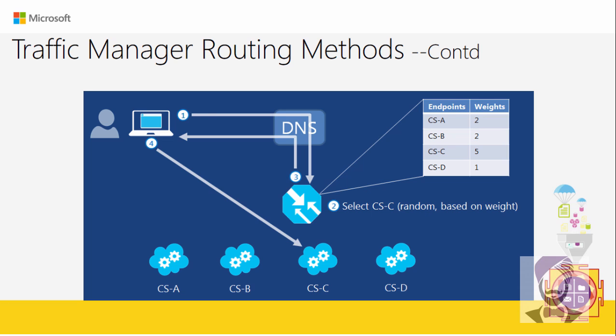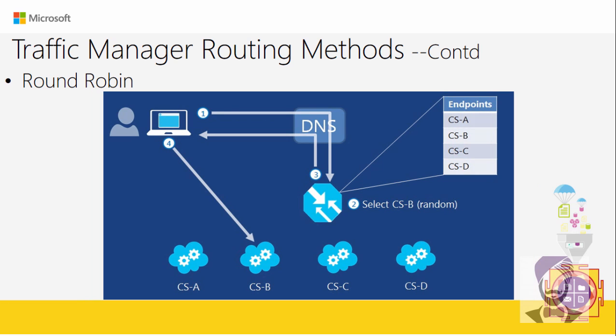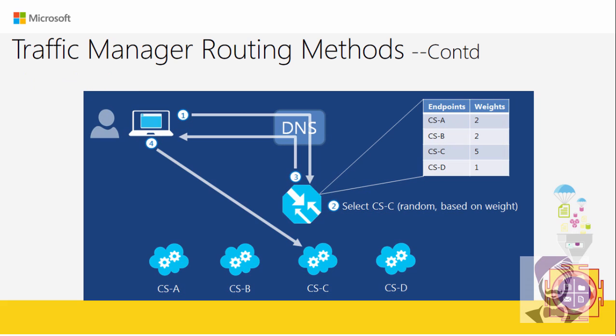Firstly the traffic is sent to Cloud Service B, which has been selected at random, right? The next time it could be D, and the next time it could be A, and then C, right? So it follows this round robin order, and distributes traffic among different services located anywhere in the world, right?